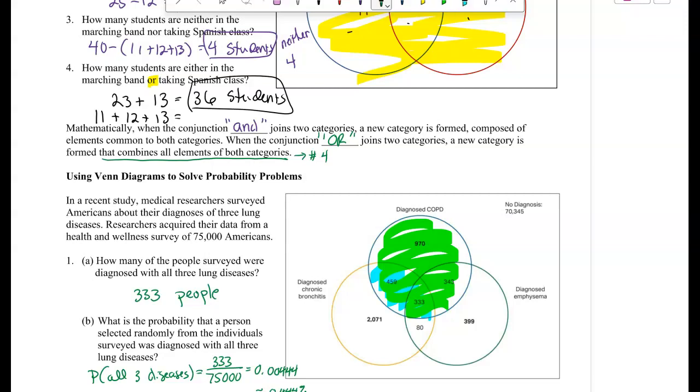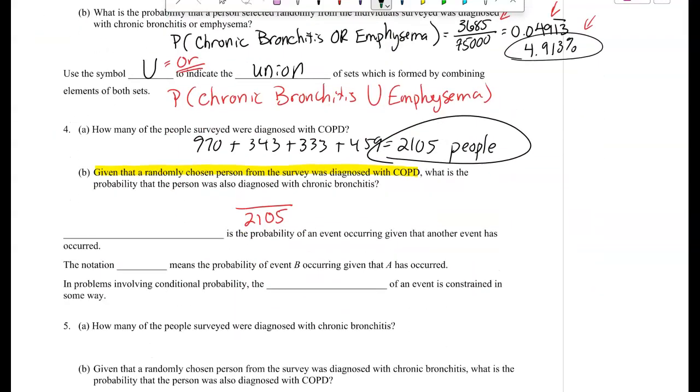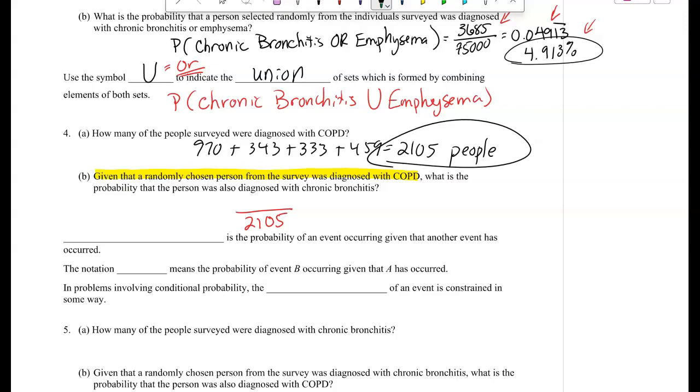So we're really looking at this one when we are doing it. So we're really doing which one? 459 plus 333, and what do we get? Which is about 37.62 percent.